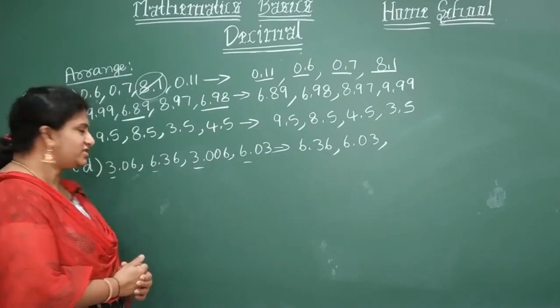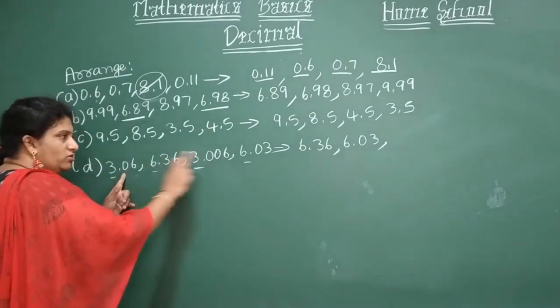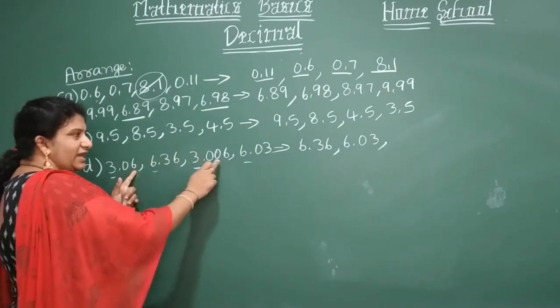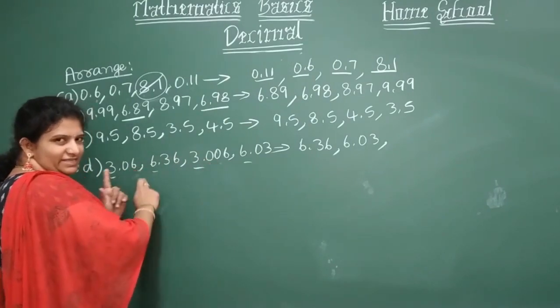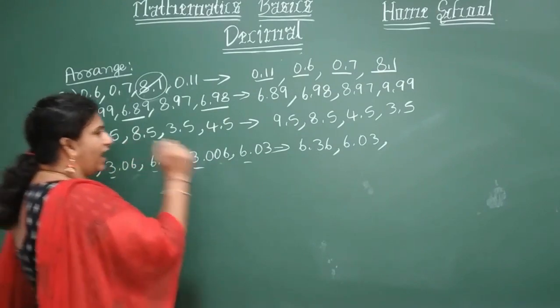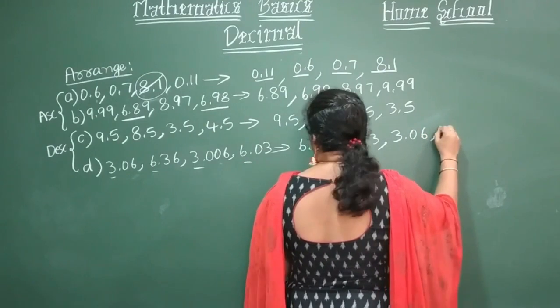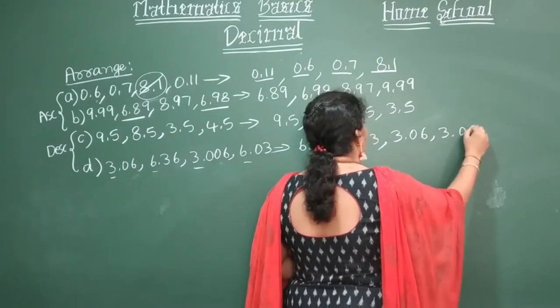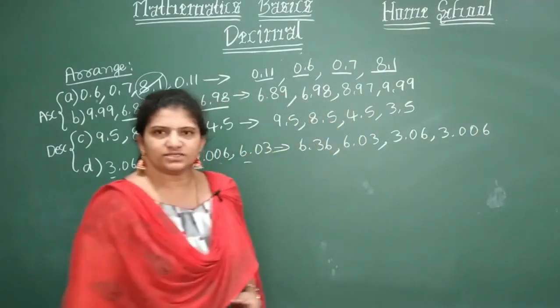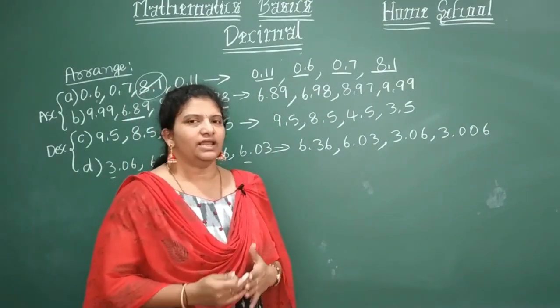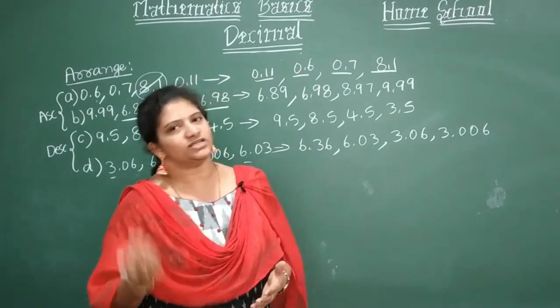Which is greater here, children? 0, same. Then, now observe here. Is 6 greater or 0 greater? 6 is greater, right? So now 3.06 and the last number is 3.006. Okay children, this is the way we need to arrange decimal numbers either in ascending or descending order.